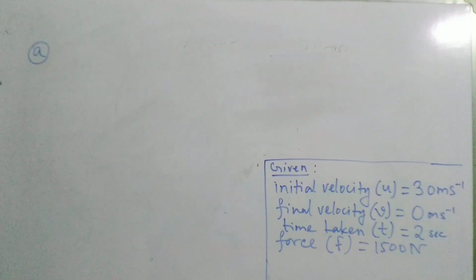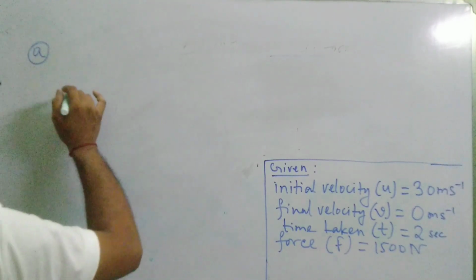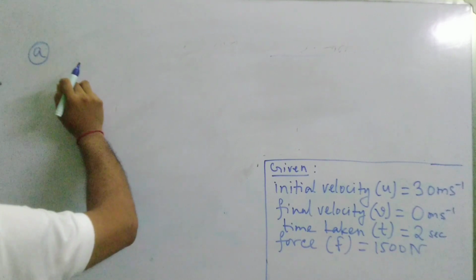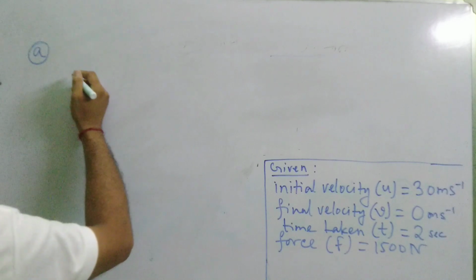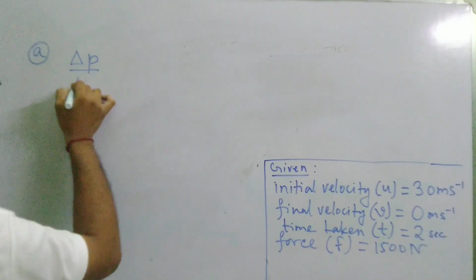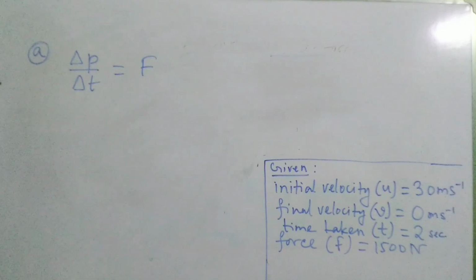The mass itself has to be calculated in the third part. So how else can we calculate the change in momentum? You have already learned in Newton's second law that the force applied on a body is directly proportional to the rate of change of momentum, isn't it? So can we write that the rate of change of momentum, delta P by delta T, is equal to the force applied? Now what is delta P?